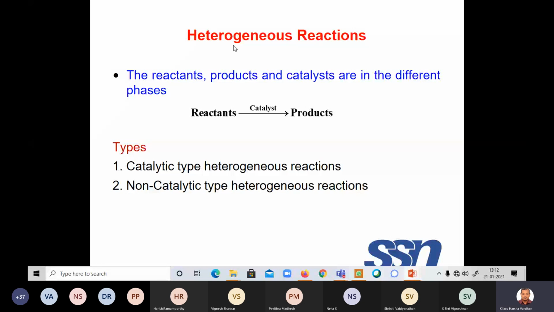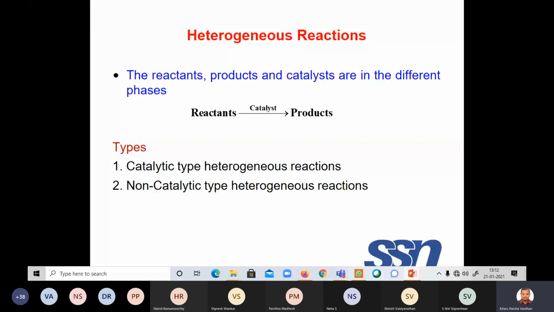So the types in this heterogeneous system: it can be a catalytic type heterogeneous reaction, where the reaction is happening in the presence of a catalyst. There can be one more type of heterogeneous system where there is no catalyst at all, like non-catalytic type heterogeneous reactions. So you have to study both.